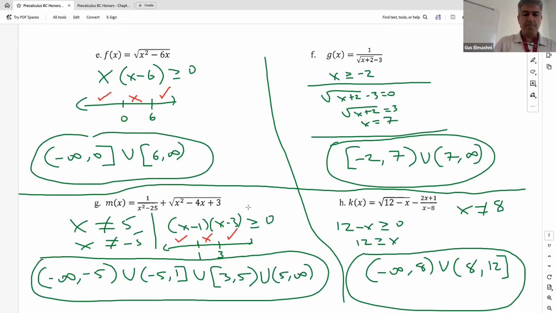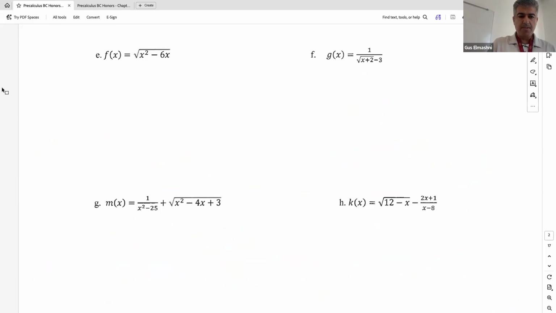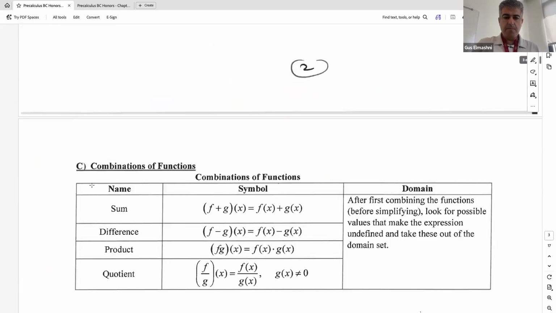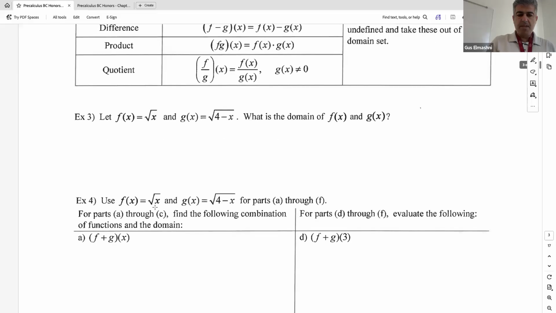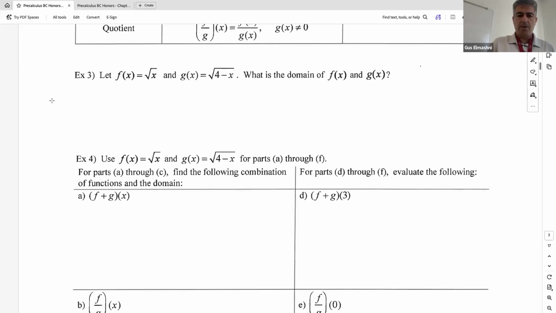So the rest of the stuff should be smooth sailing. I saw some people got a little ahead, which is good. So, you guys should be comfortable combining functions: adding, subtracting, multiplying, dividing. So for example, each one's individual domains are pretty straightforward. That's going to be x, interval notation, sorry.